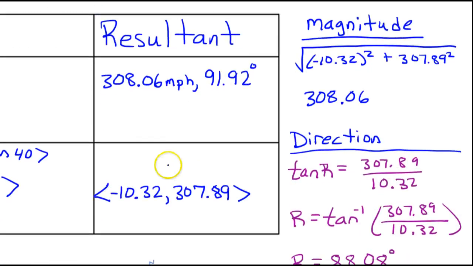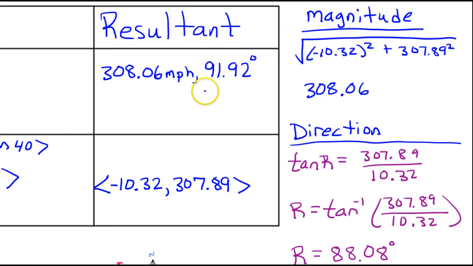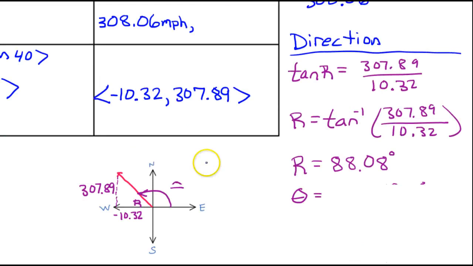So we need to write that type of direction for our final answer. So I'm going to make another version of this answer. The magnitude's not going to change, so I'm just going to recopy my 308.06 miles per hour.